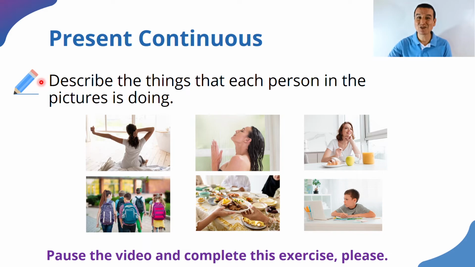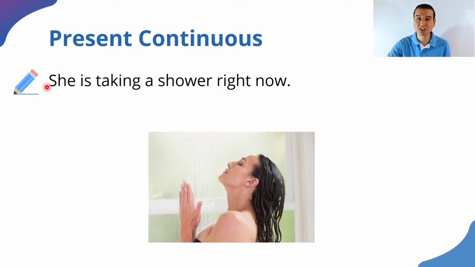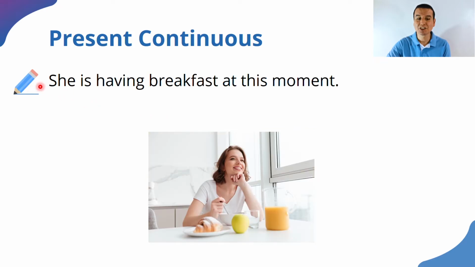All right, thank you. Thank you for having completed the activity. I really hope that you did it. And look at this. For the first picture, she is getting up early this week, for example. All right. For this one, she is taking a shower right now, for example. And here, she is having breakfast at this moment, using some time expressions.